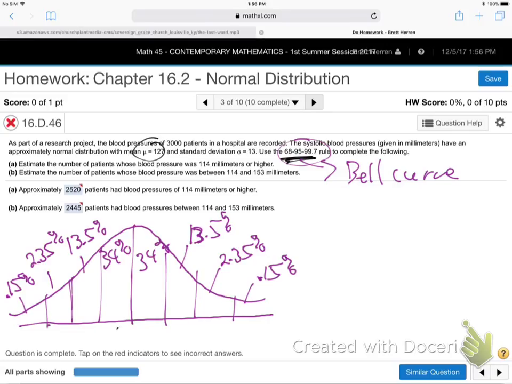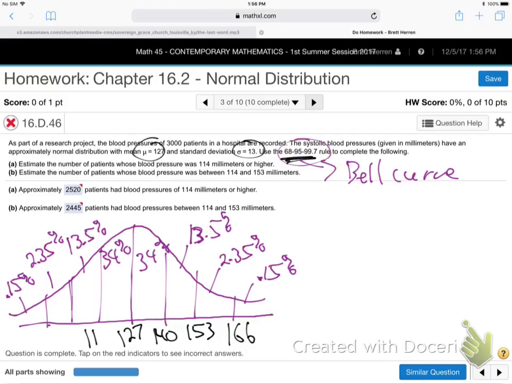And then that's the middle line. And now how do we get the 3 lines to the right? You add the standard deviation, 13. So you add 13, add 13, add 13: 140, 153, 166. Is that right? And then to the left, you subtract 13 three times.